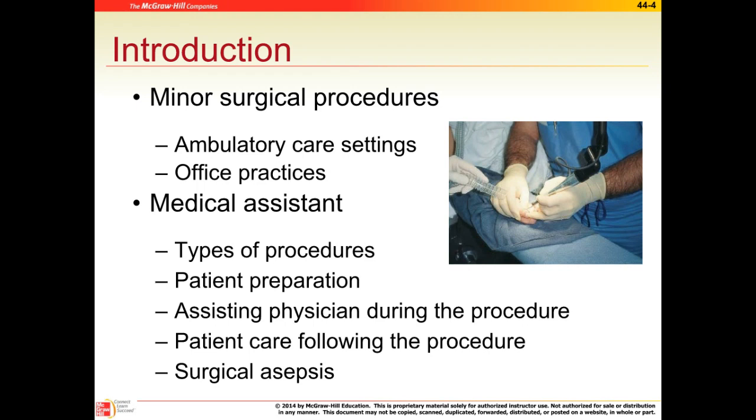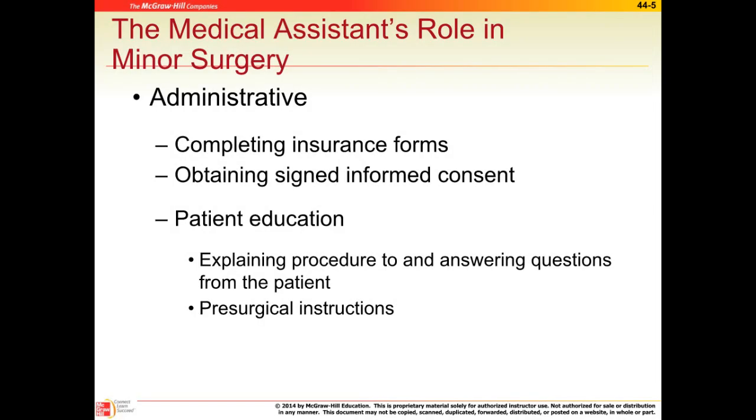Then you assist the physician by handing equipment, keeping the patient calm, different kinds of things. Also, you educate the patient on what to do after the procedure, and then ensure that surgical asepsis or surgical sterility is maintained. You help make sure that happens and make sure the equipment is cleaned properly after use.